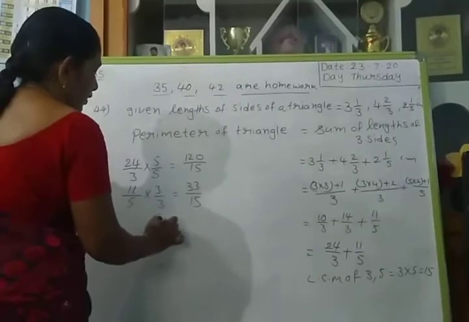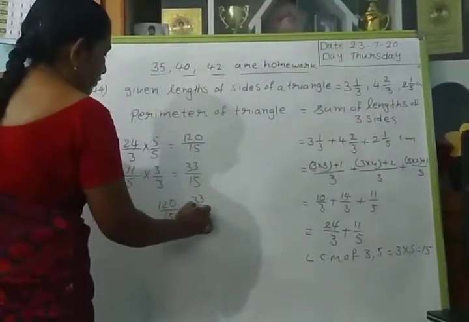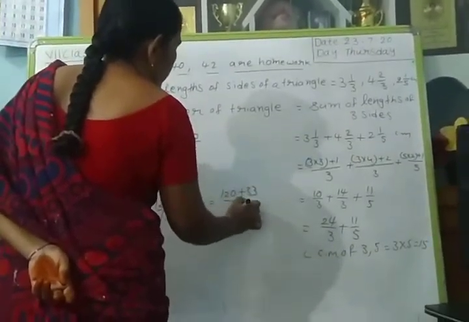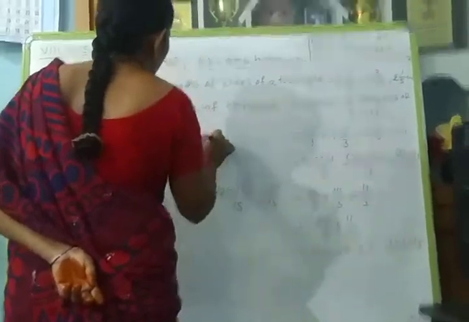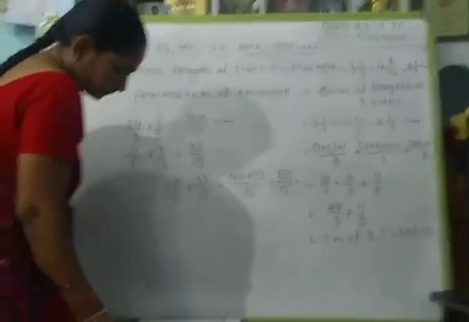Therefore 120 by 15 plus 33 by 15, 153 by 15 centimeters.